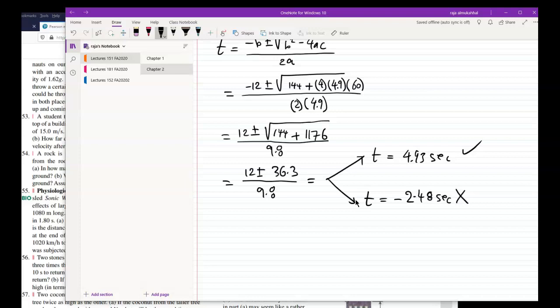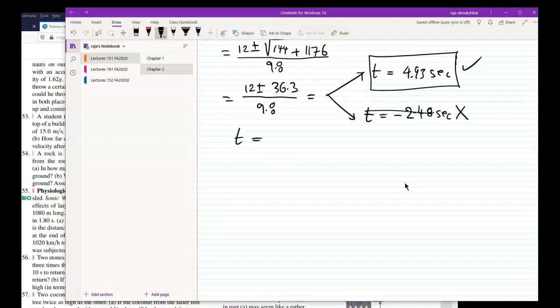Your math teacher would tell you these are the 2 legitimate answers, but in real life there is no such thing as negative time, so we basically just ignore that. Just ignore it. You see what I'm saying? And that's our answer right here. So the time of flight is equal to 4.93. You got it? Okay.